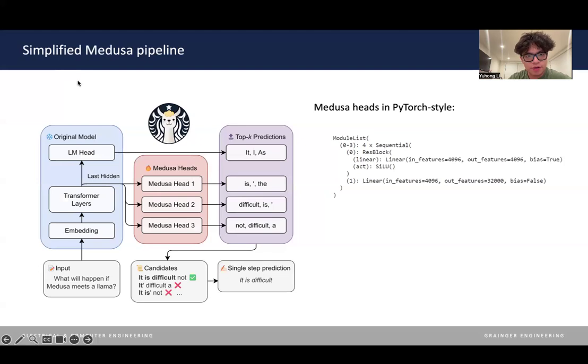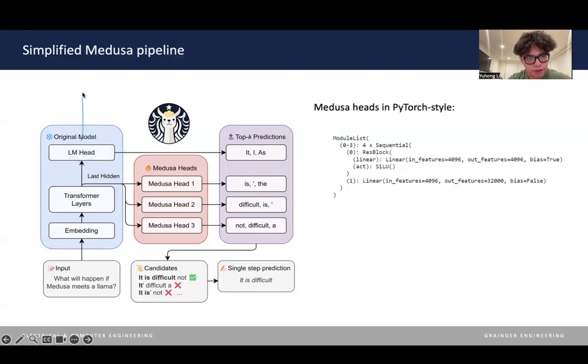So here is a very simplified Medusa pipeline. For example, if we have a large language model, we have this language model head.